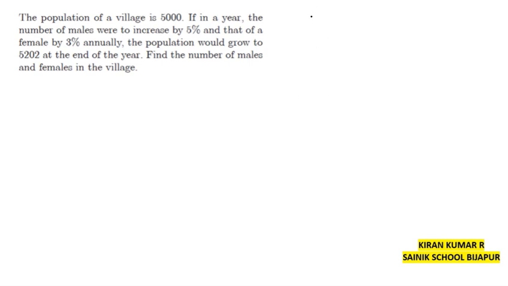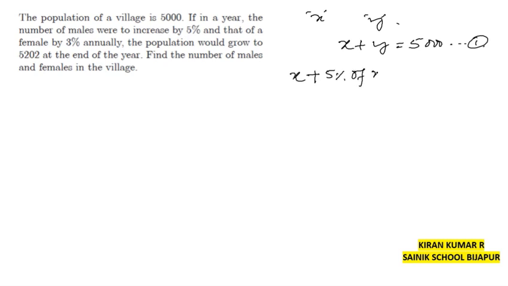If you consider X to be the number of males and Y to be the number of females, the total population X plus Y will be 5,000 as per the condition. This is equation 1. To get equation 2, the increase we have to consider. Earlier X were there, 5% increase, 5% of X, plus 3% increase in females, 3% of Y. The total is 5,202.